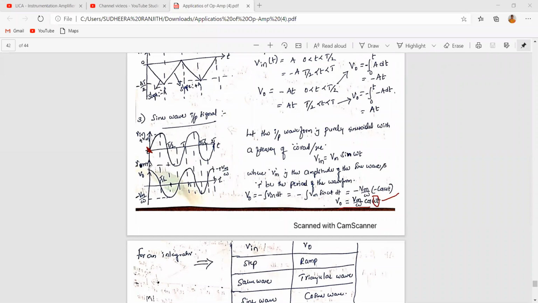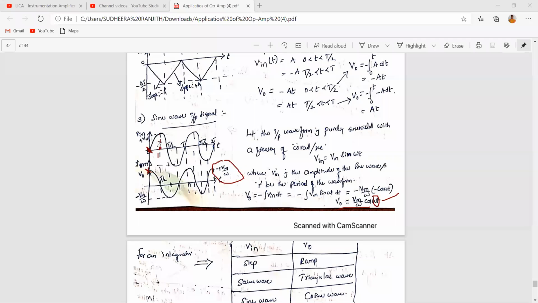So that's why at 0 I am taking this one as Vm by omega. So this one is minus Vm by omega, this one is plus Vm by omega. Now at this point, what is the value here?